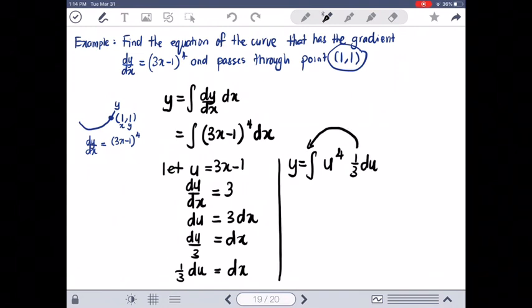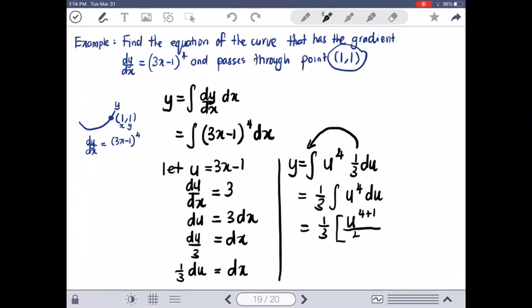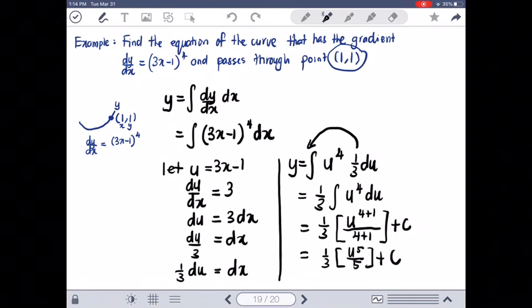We know the constant can be brought outside, so it becomes 1 over 3 times the integration of u to the power of 4 du, which equals 1 over 3 times u to the power of 4 plus 1 over 4 plus 1 plus c. So it equals 1 over 3 multiplied by u to the power of 5 over 5 plus c.